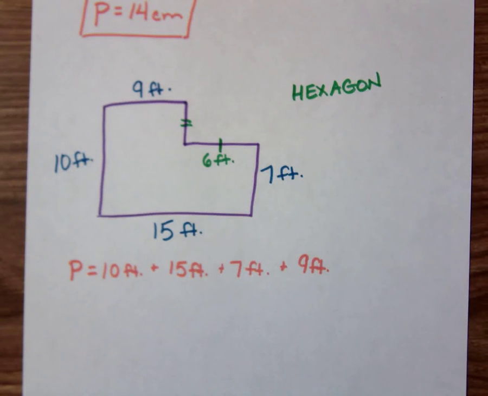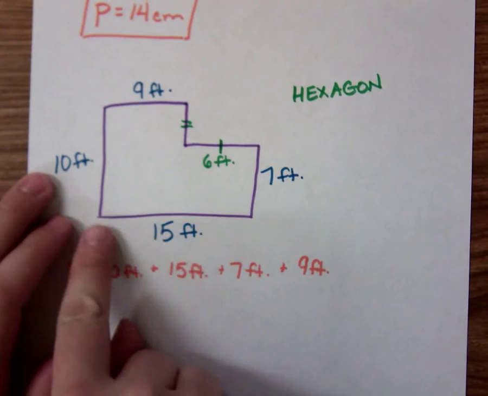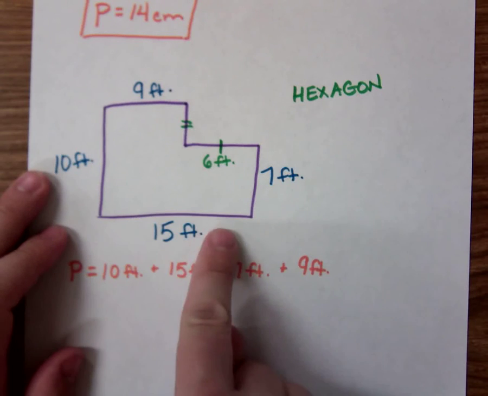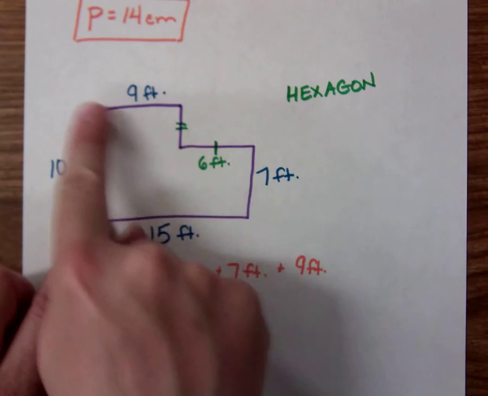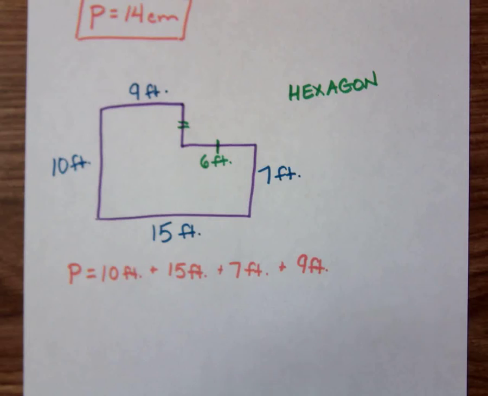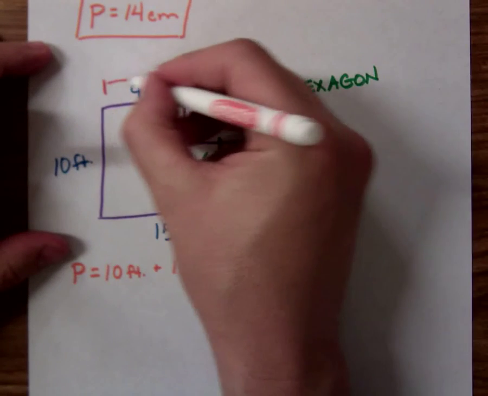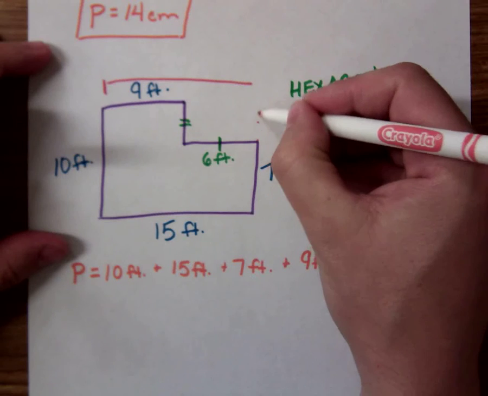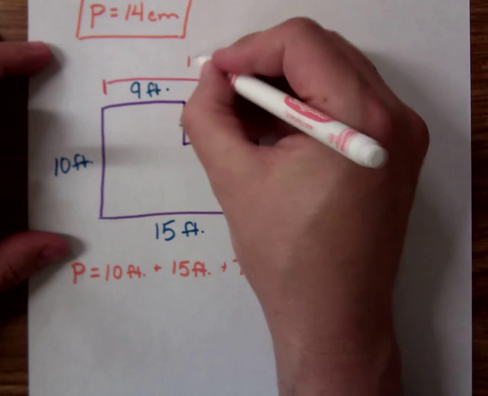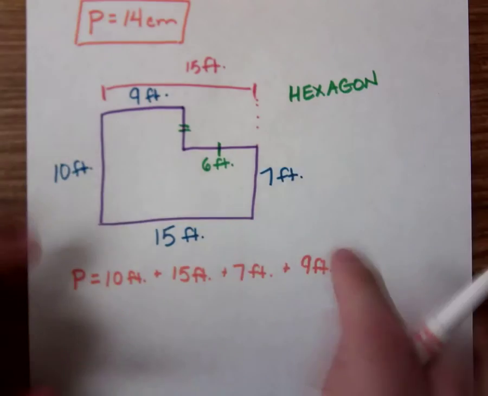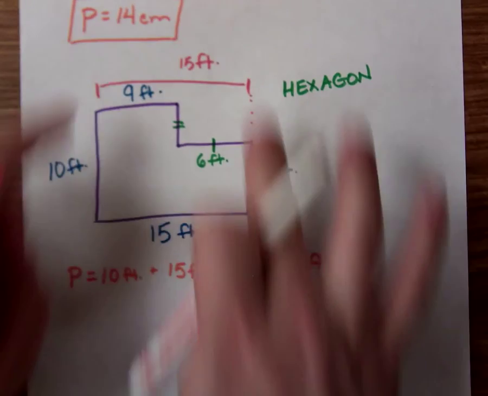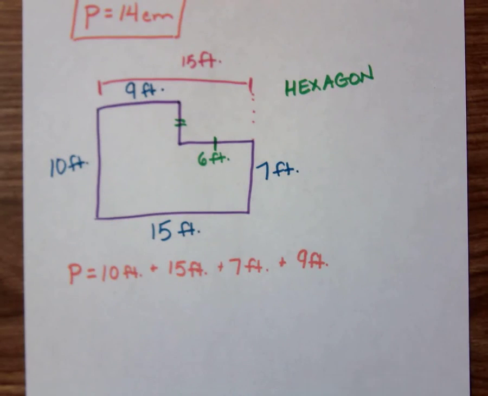15 minus 9. Here's why. This entire bottom side is 15, right? That means the entire top side has to also be 15, from this edge all the way over to this edge right here. The bottom is 15, the top is 15. So far, so good?